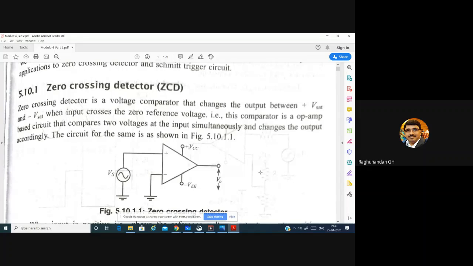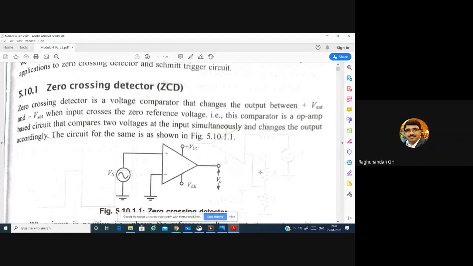Beyond this, if you try to increase, it starts clipping the extra voltages. Whatever extra voltage you might get, say 50 volt, your output will be seen only for 24 volt. Whatever extra you have will be removed. That's why whenever the input voltage is increased to a larger extent, you might be able to get a square wave.